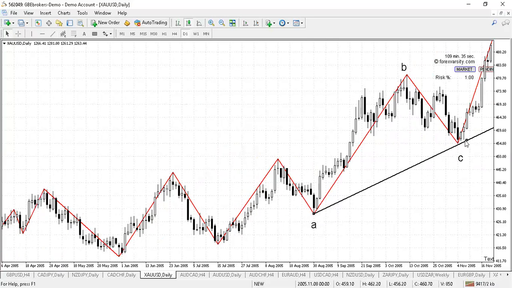Hold down the control key, and then drag it up to point B.